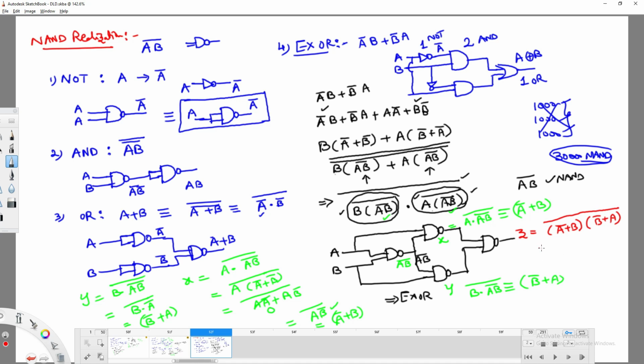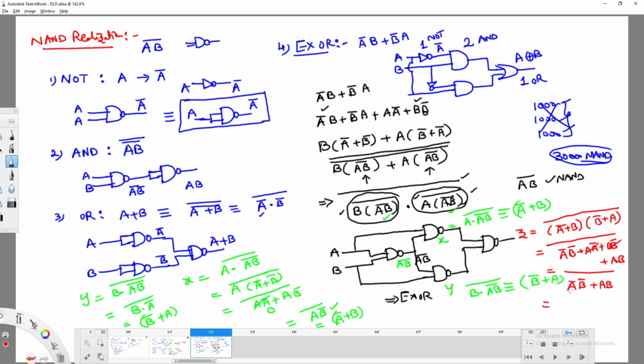If you try to do this again, using the distributive property, you will get a bar b bar plus a bar b plus b bar a plus ab, right? If you observe this, these two will be 0. So complement of a bar b bar plus ab, right?